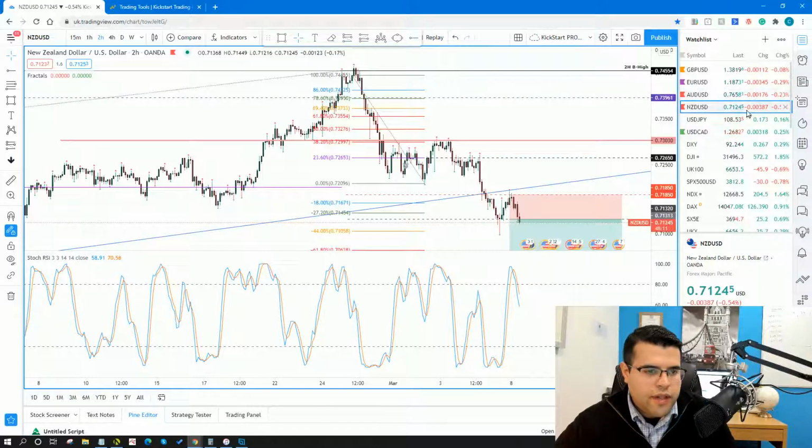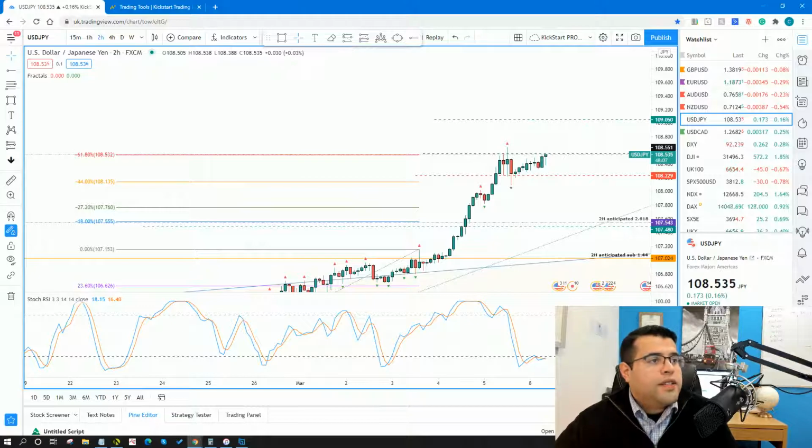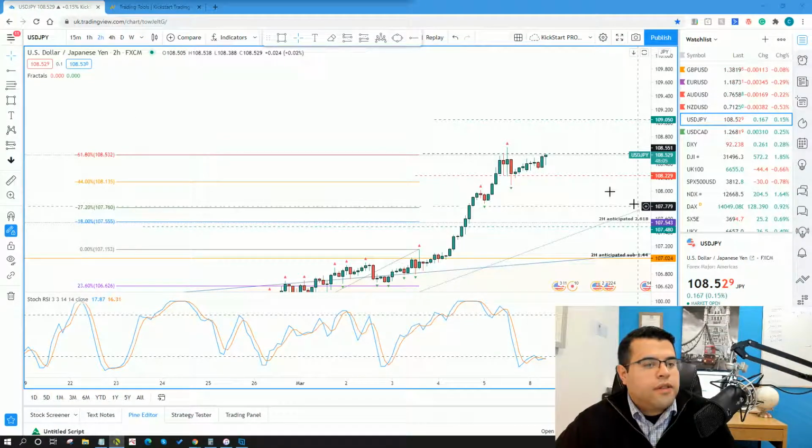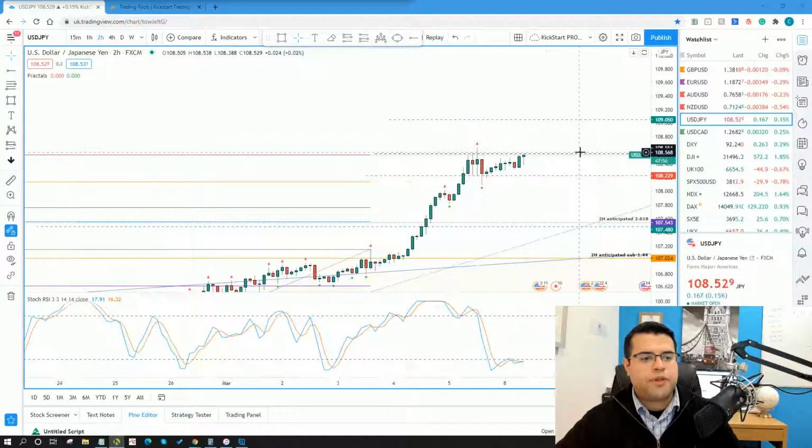So I'm active on Aussie dollar, active on Kiwi dollar. Dollar yen's going to take me in any second now. Look at that. 537 is what I'm showing on the broker side. So yeah, that should be any second. I'm within a pip or so of getting in on dollar yen. That's going to be a buy.